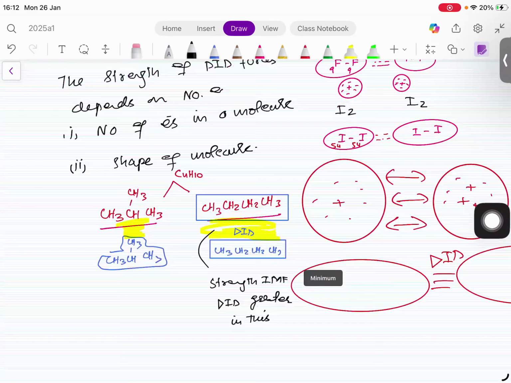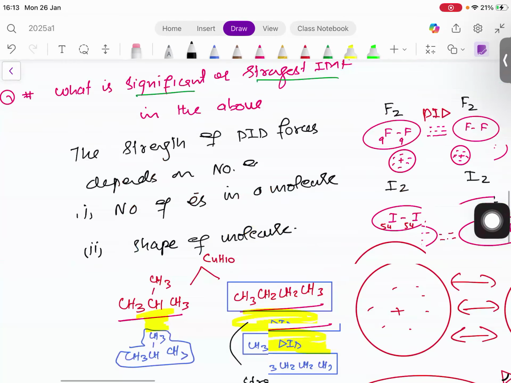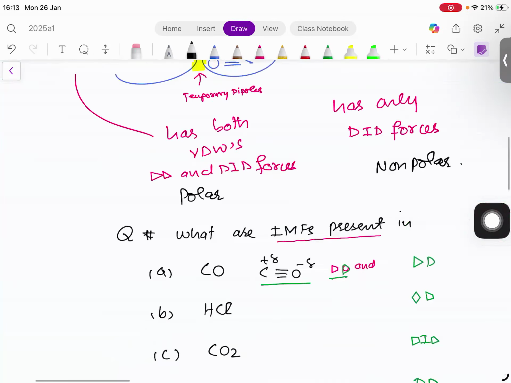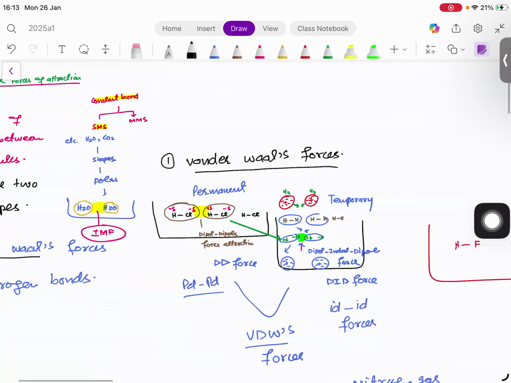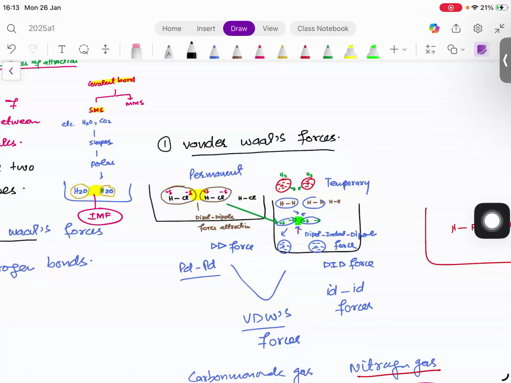So now I'm going to sum up before going to the hydrogen bonds. When compounds form covalent bonds, they form tiny molecules. Those tiny molecules attract each other. Their forces are known as intermolecular forces. If that tiny molecule is polar, the force is dipole-dipole.